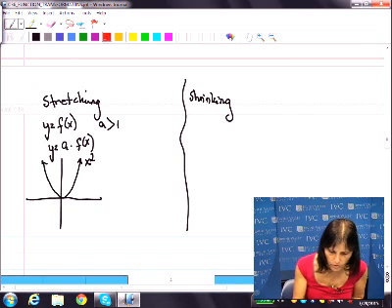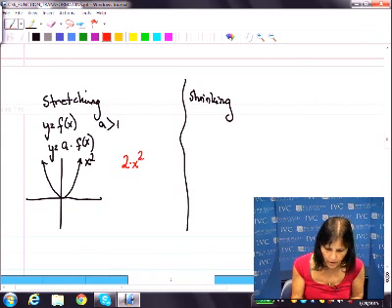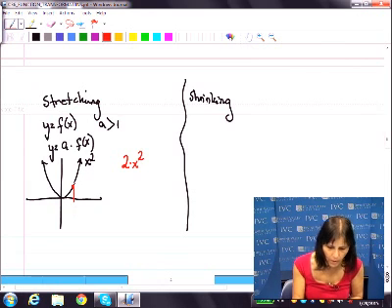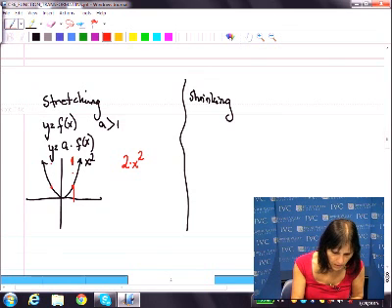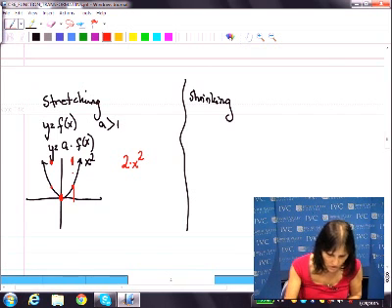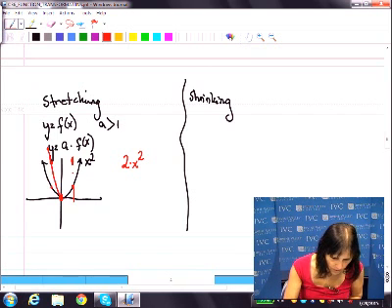Let's say I want to draw 2 times x squared. So for a given x, it's going to have this, and when I multiply this by 2, it's going to go up to here someplace. Same thing with this. Since this thing is 0, 0 times 2 is still 0. It's going to make this stretch up.